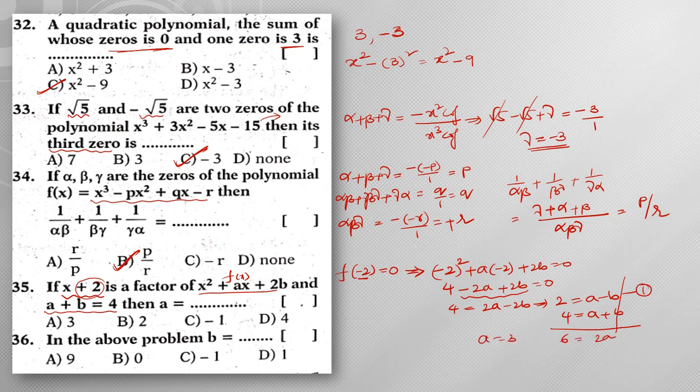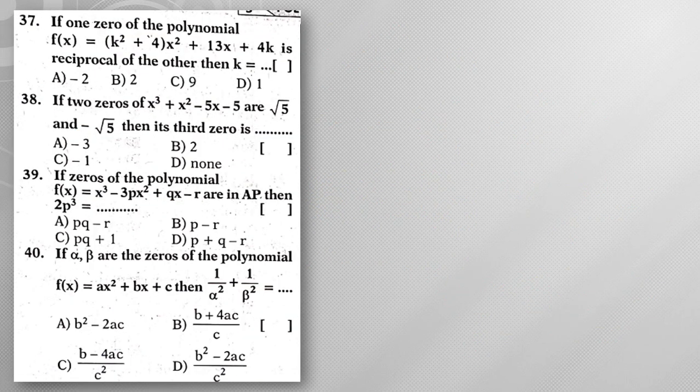From this, clearly a is equal to 3. If a is equal to 3, then automatically b is equal to 1, because 3 plus 1 is equal to 4. So in this question a is equal to 3, and in the next question he asked about b, hence b is equal to 1, right?